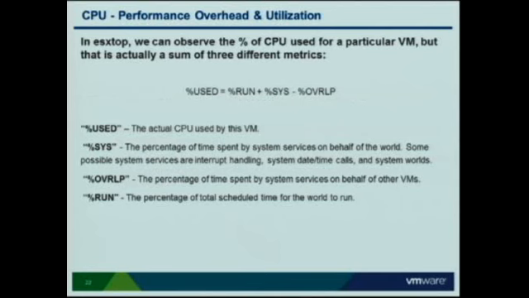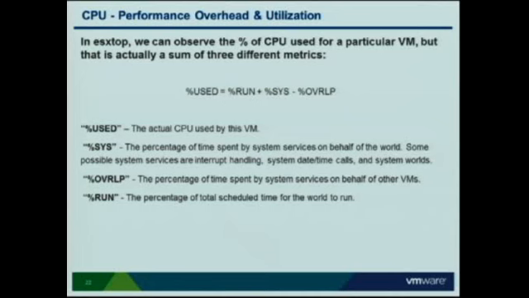So in ESXtop, it's pretty easy to observe the percentage of the CPU that's used for a particular VM. But that particular metric is actually a sum of 3 different metrics. So percent used, or CPU used, is a combination of run, which is the total amount of scheduled time that VM is scheduled to run, plus sys, which is your system overhead for that particular VM.